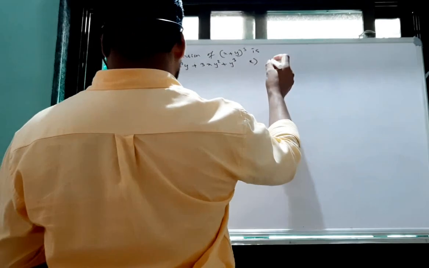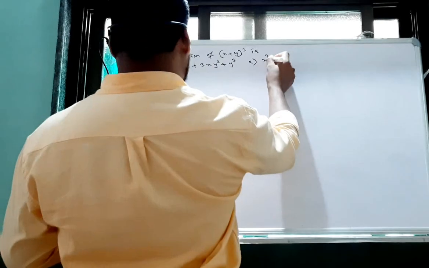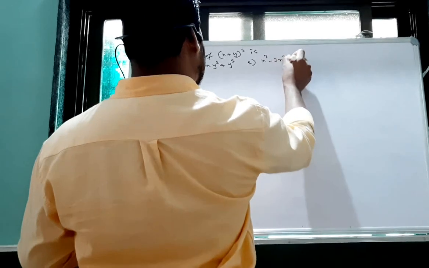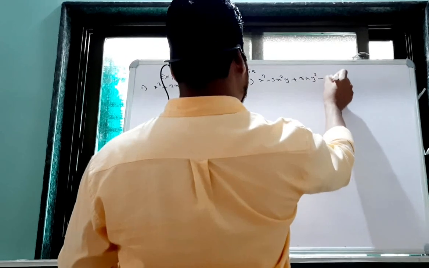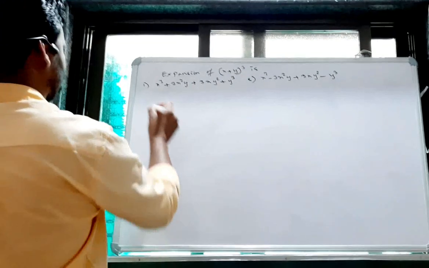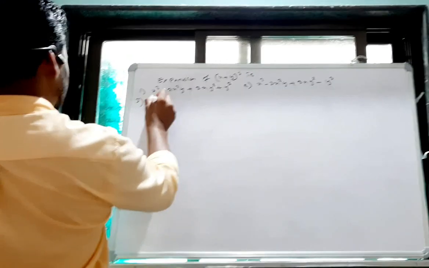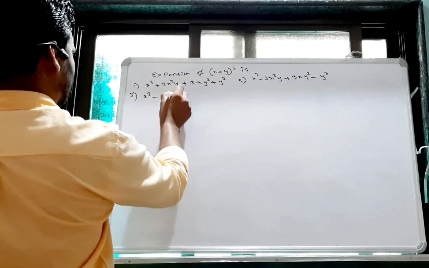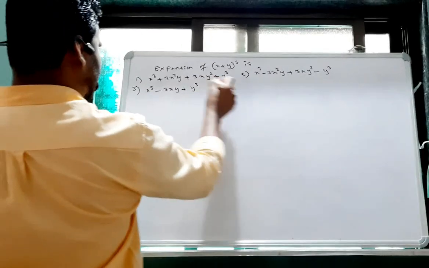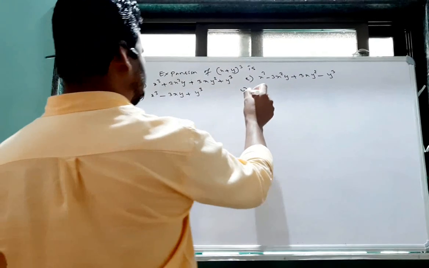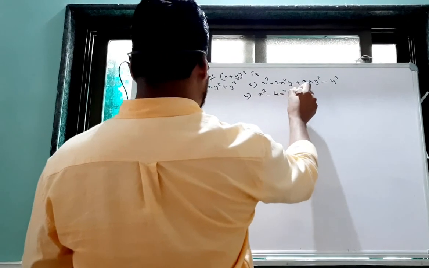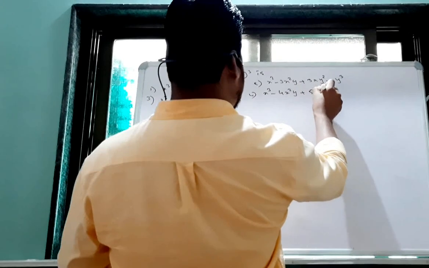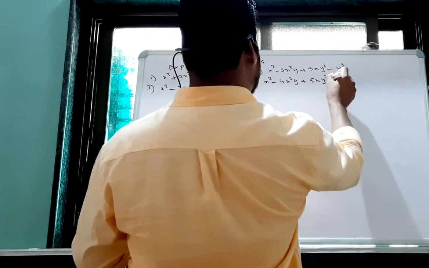Second option, x cube minus 3x square y plus 3xy square minus y cube. Third option, x cube minus 3xy plus y cube. Fourth option, x cube minus 4x square y plus 5xy cube plus y cube.